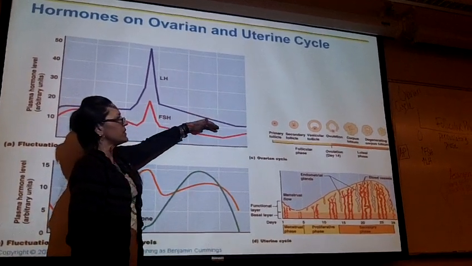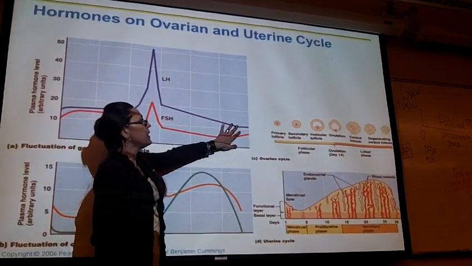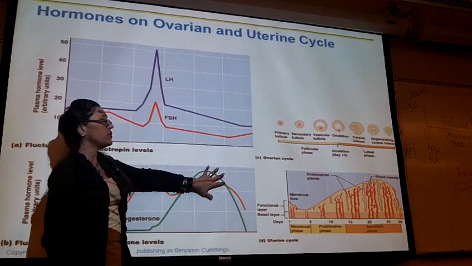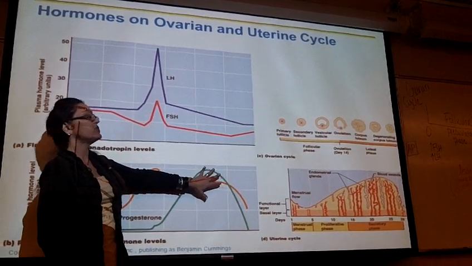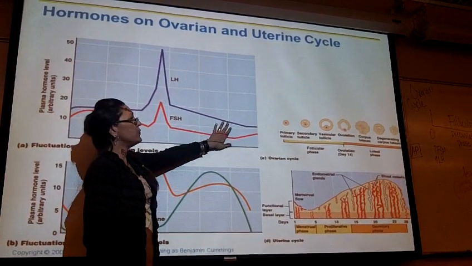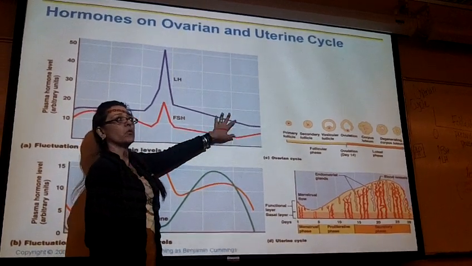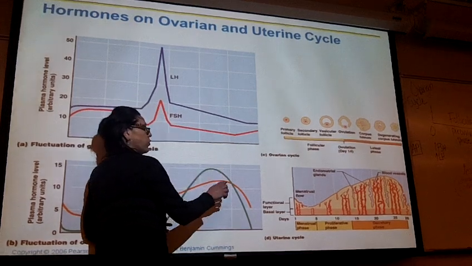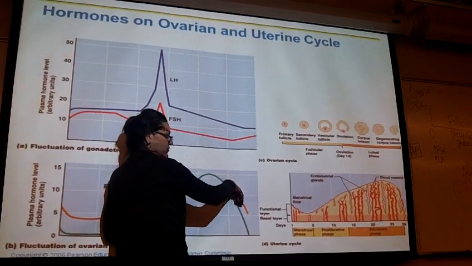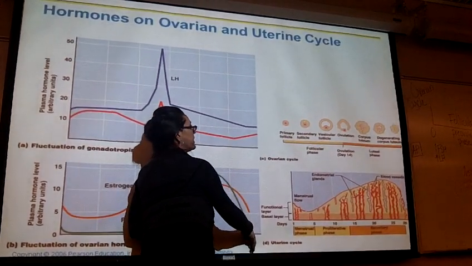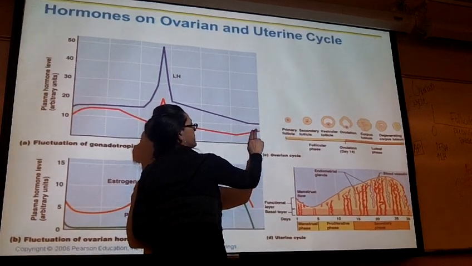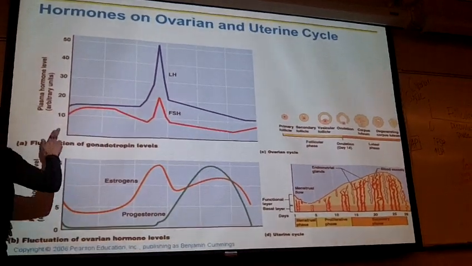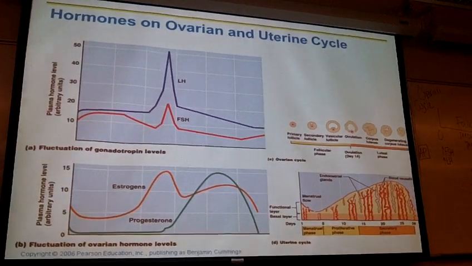That brings FSH and LH levels down, and that's a good thing in case we are going to have fertilization in a pregnancy. We don't want to have a new ovarian cycle. We want FSH and LH levels to be low. When the corpus luteum dies off, estrogen and progesterone levels plummet, and we see FSH and LH levels starting to rise, triggers a brand new ovarian cycle.